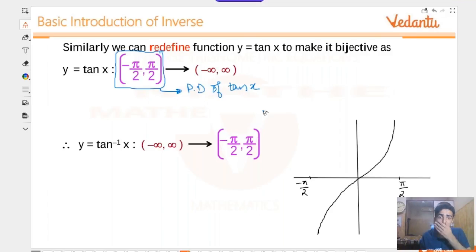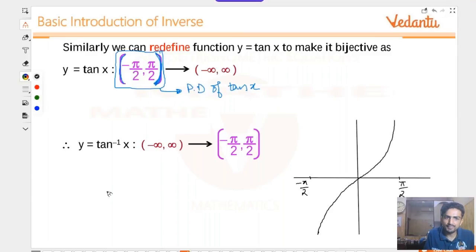Principal domain of tan x is minus pi by 2 to pi by 2, and clearly, it is an open bracket. So tan inverse will be from minus infinity to infinity, with range minus pi by 2 to pi by 2. That is how tan inverse will be defined.